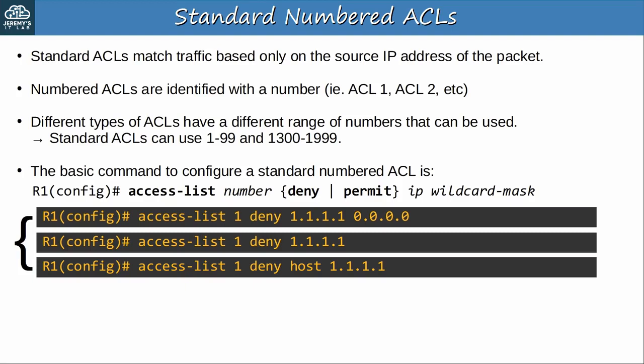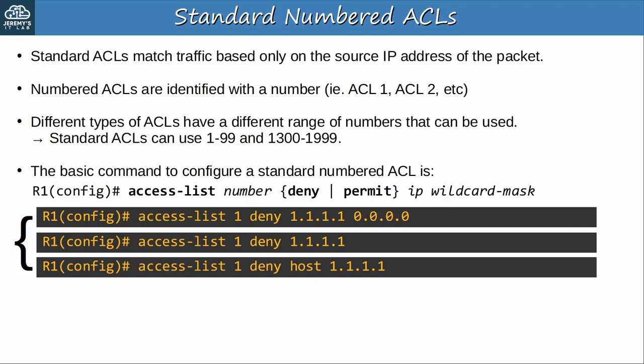Note that the second and third options here can only be used for /32 to specify a single host. If you're matching a /24 network, for example, you'll have to use the first option. You have to specify the wildcard mask of 0.0.0.255.